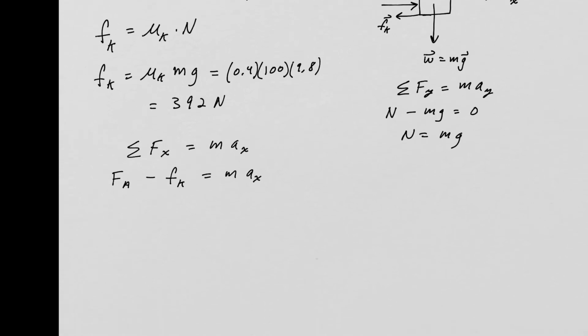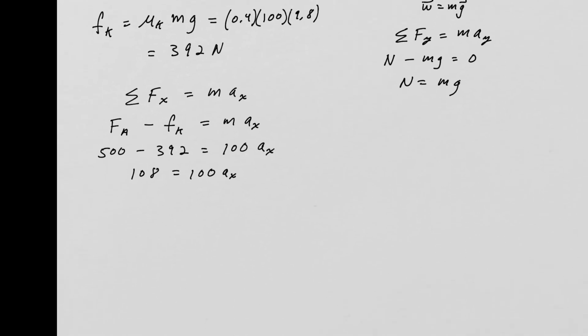So now if I plug in, this is going to be 500, minus 392 is equal to m, which was 100, times ax. So this is, what, 108 is equal to 100 ax.